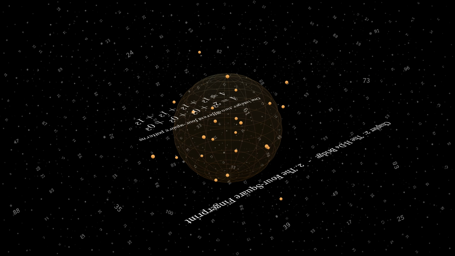Continue. 5 equals 2 squared plus 1 squared plus 0 squared plus 0 squared. 6 equals 2 squared plus 1 squared plus 1 squared plus 0 squared. 7 equals 2 squared plus 1 squared plus 1 squared plus 1 squared. And even 14 equals 3 squared plus 2 squared plus 1 squared plus 0 squared. Each number leaves behind its own geometric fingerprint.